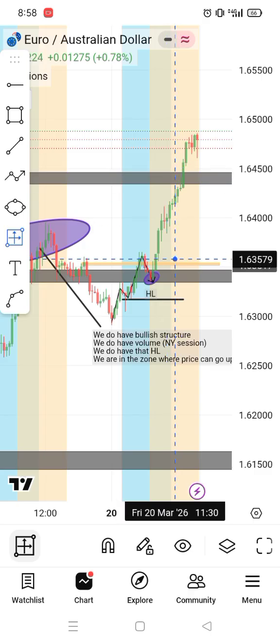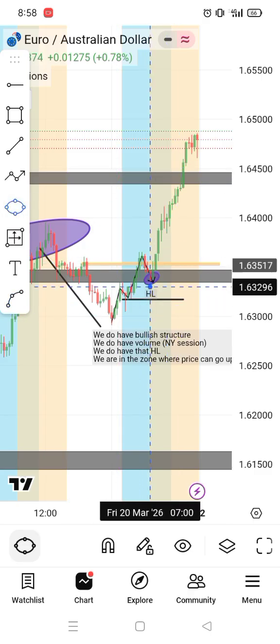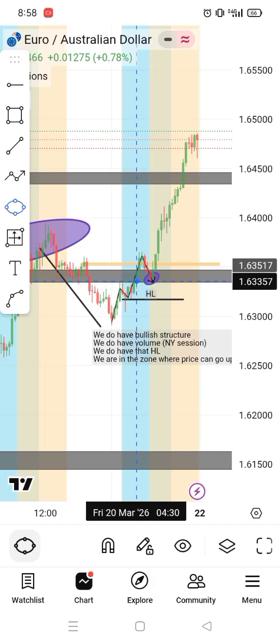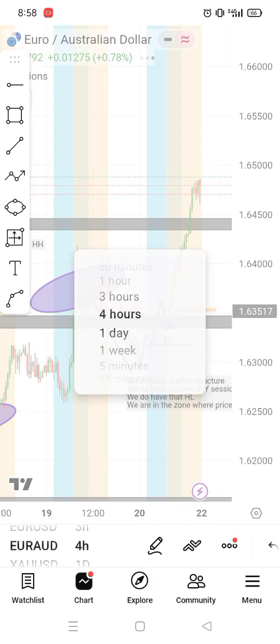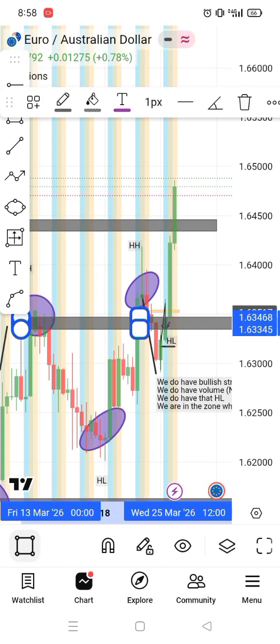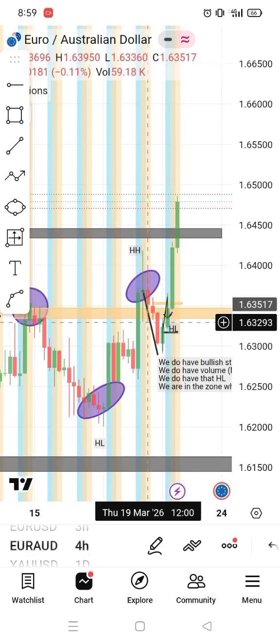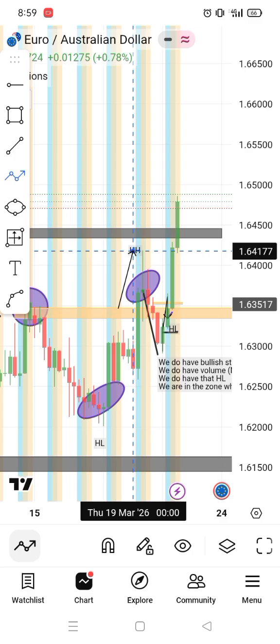And then next is this lower high, this higher low that is being created. And then lastly, remember that above this orange box in a higher time frame, price could go up from here to this level.